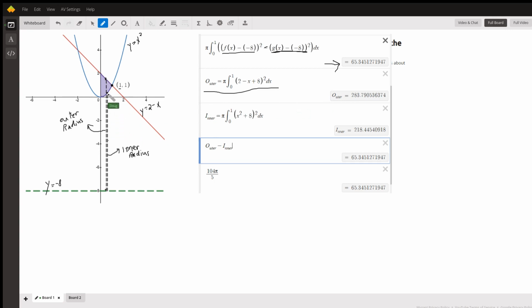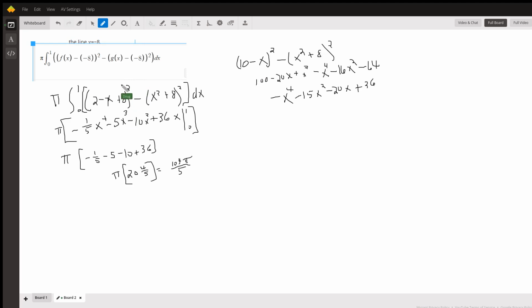And then if we use the disk method on revolving this parabola about the line y equals -8, we'll get an inner volume. And if we subtract those, we get the same thing. Okay, so this is normally the formula we use: outer radius squared minus inner radius squared.